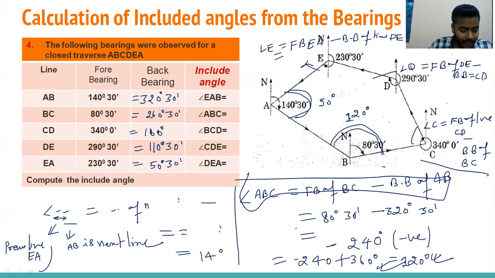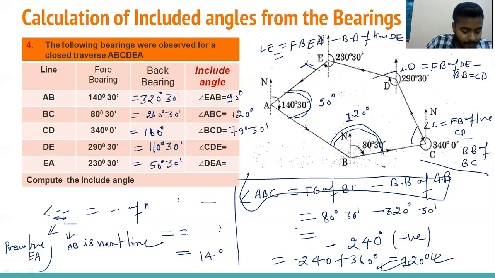Right? So I'm just writing the data, you can note down. Later we can calculate. So angle EAB we got 90 degrees. You can check later. ABC we got 120 degrees. BCD we got 79 degrees 30 minutes.